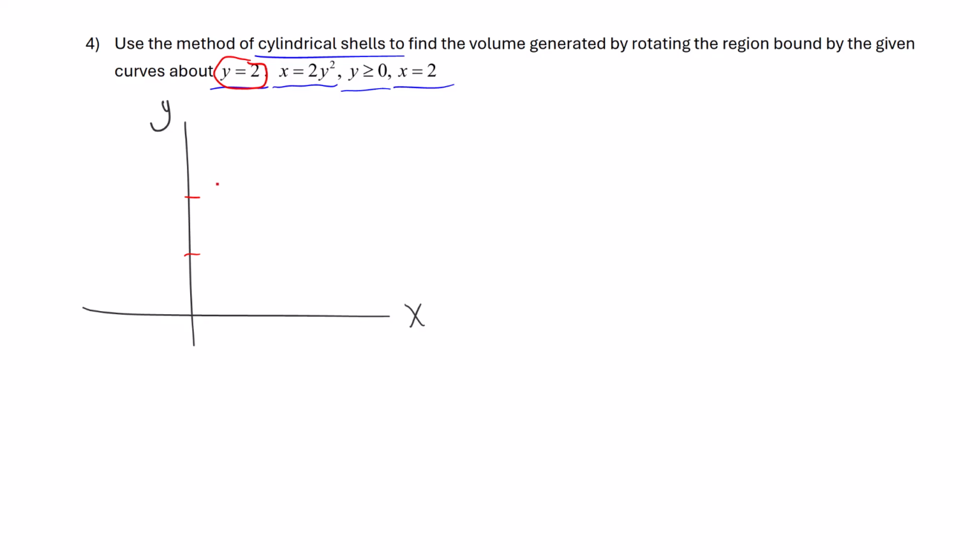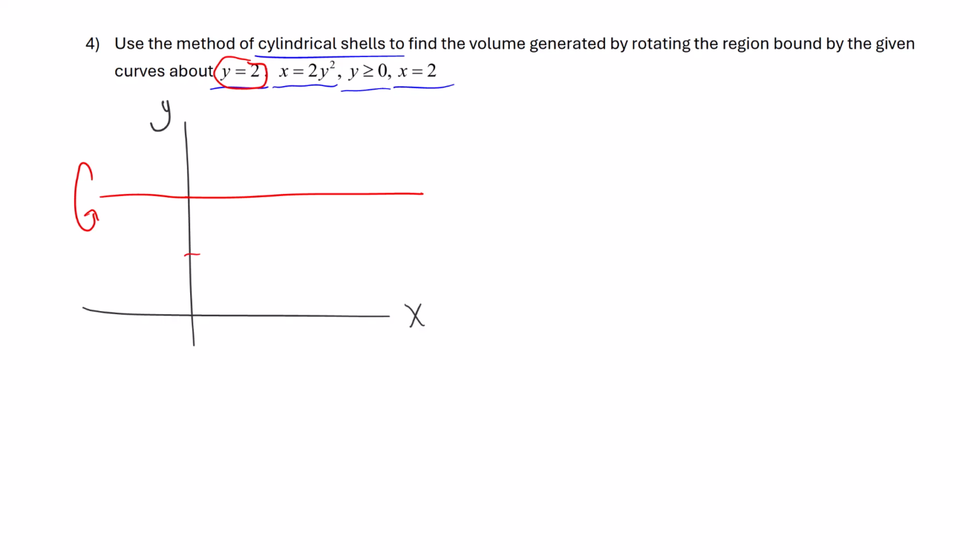So I'm going to mark that in there. In fact, I'm just going to draw that in as a solid. That's our axis of rotation, you could say. Now, interestingly, that's not the x-axis, right? But it is horizontal. So that means we're going to have to do some adjustments like we did in the previous example. But we're going around that line or that axis of rotation.